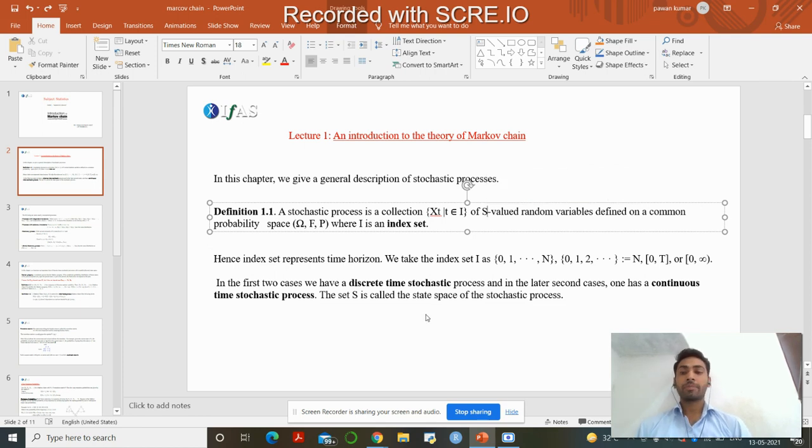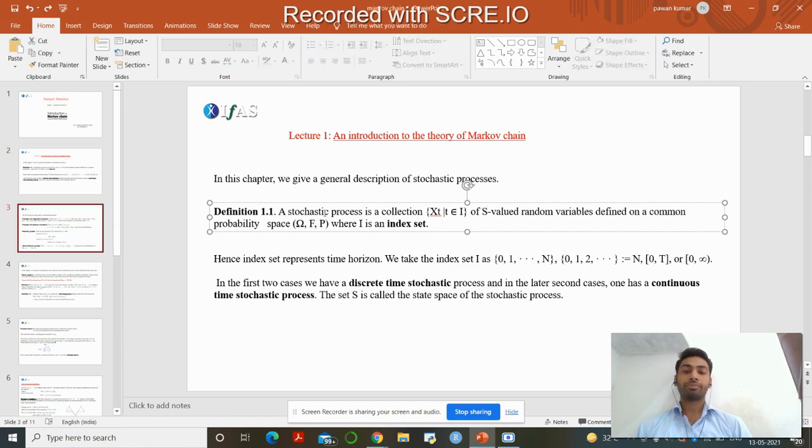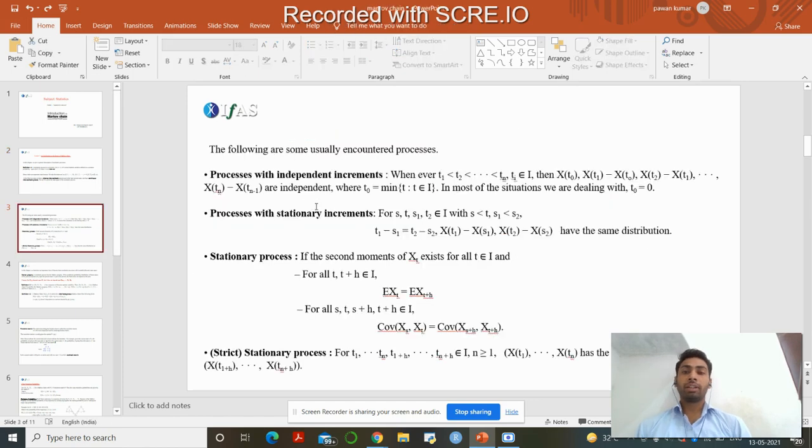Now we will introduce some definitions about stochastic processes. What is a process with independent increments? We take t1, t2, ..., tn and define t1 < t2 < t3 < ... < t(n-1) < tn, where all ti belong to our index set, which can be discrete time or continuous time.